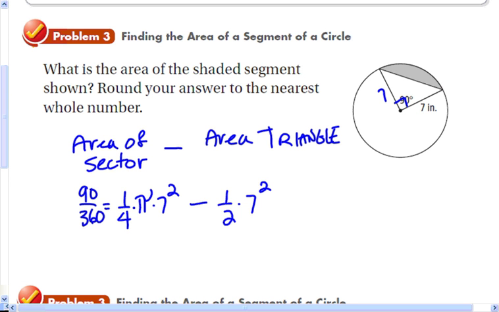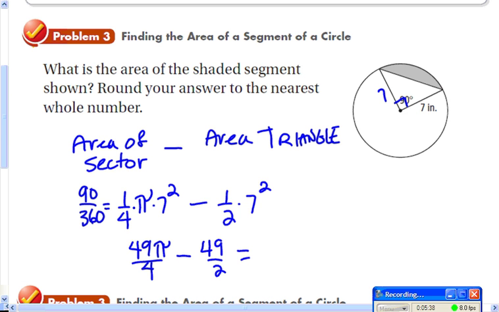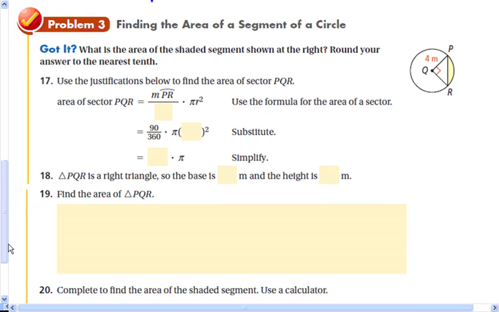And so we get 49 pi divided by 4 minus 49 over 2. And that equals, we're supposed to round our answer to the nearest tenth. To the nearest tenth, we're going to say it's 14.0. All right, I'm going to let you try that.